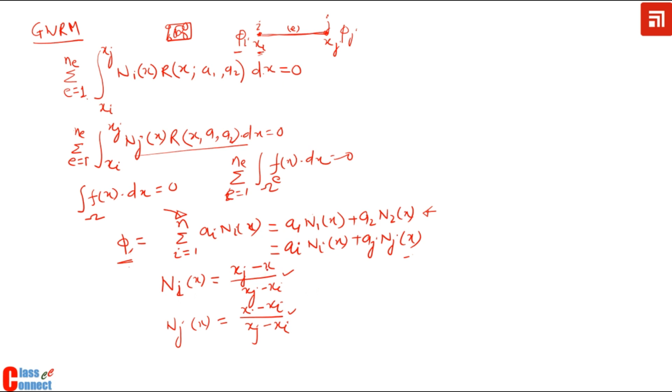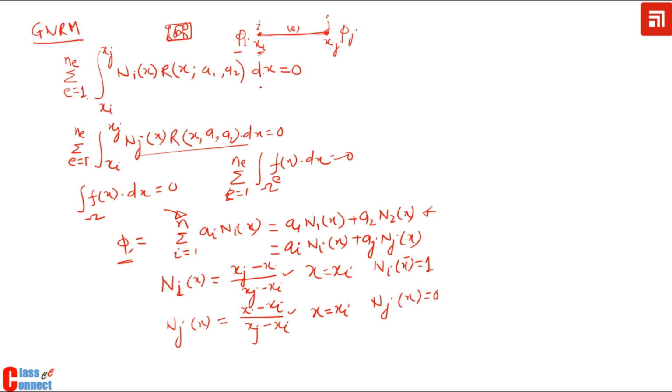So it means what? When x is equal to xi, this Ni will be equal to 1. So at x equal to xi, Ni(x) is equal to 1. And when x is equal to xi, Nj is equal to 0.